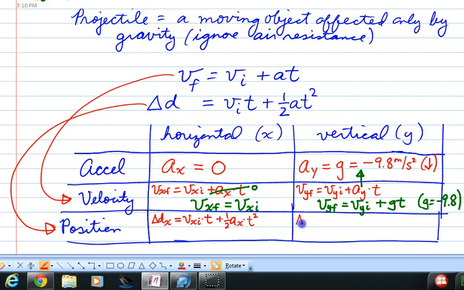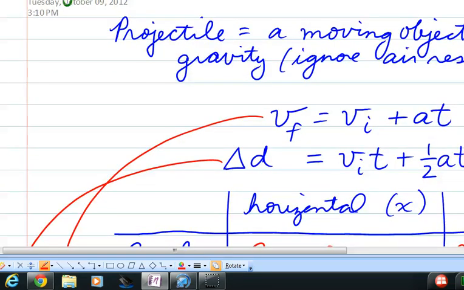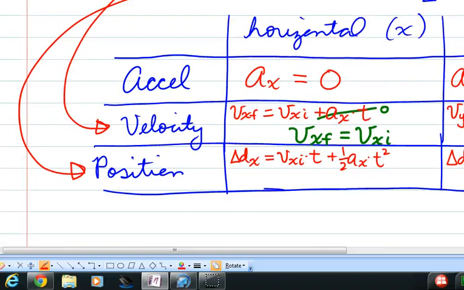Likewise, delta dy equals, ready for this, Vy initial times t plus 1/2 ay t squared. As a matter of fact, let's zoom in just a little bit on this. Okay.